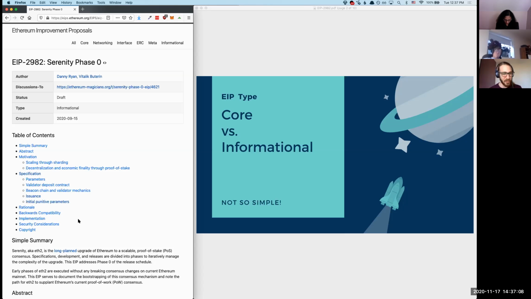And so instead, because of the way that we're bootstrapping this new consensus mechanism in parallel to existing Ethereum, and that does not initially disrupt Ethereum mainnet at all or alter consensus, this is an informational EIP.